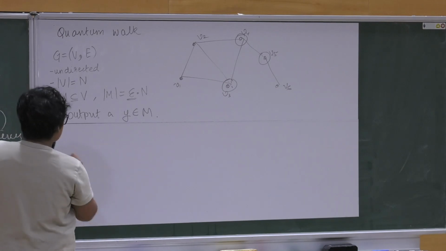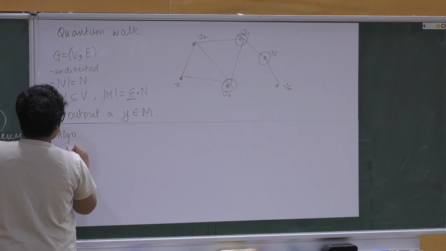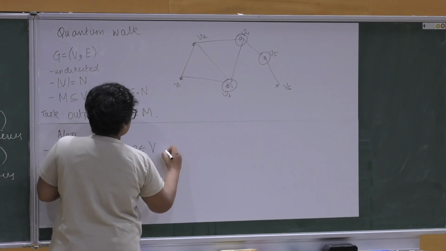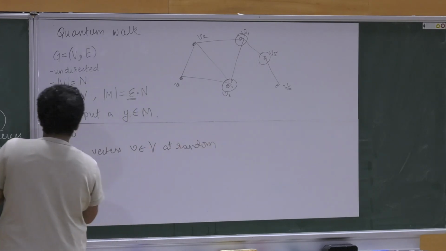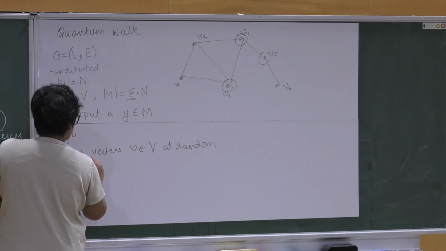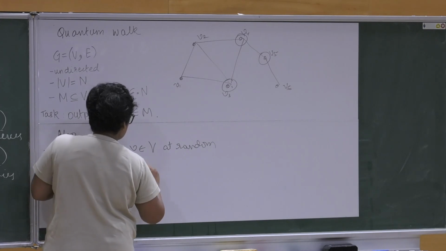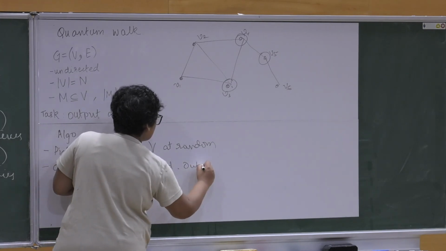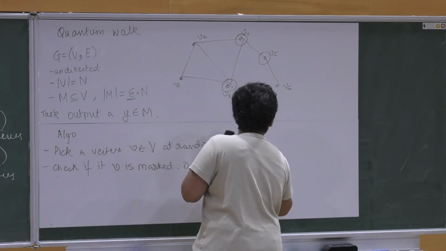Okay, so the suggested algorithm is: pick a vertex V in the vertex set at random, check if it is marked, and output yes if it is.